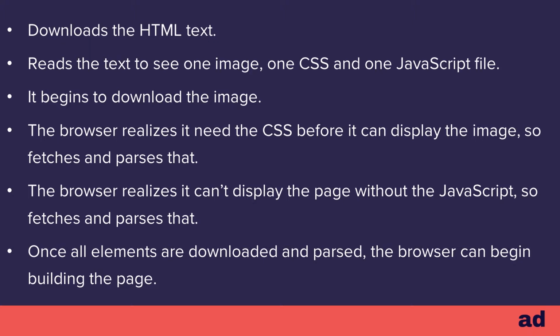So it downloads the CSS file and reads that. However, as fast as they are, unlike everyone's mother, browsers can only do one thing at a time. So once it downloads the CSS file, it realizes it still can't display the web page until it has the JavaScript file. It then downloads the JavaScript file and reads that to ensure there isn't anything else it needs to request. This is the render path for a really simple web page.